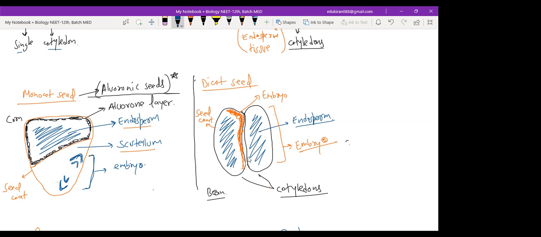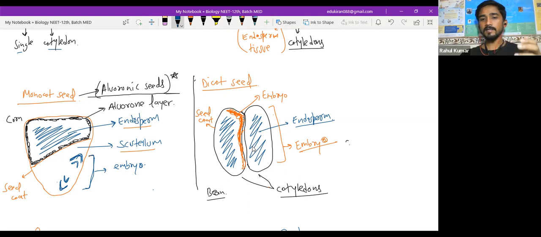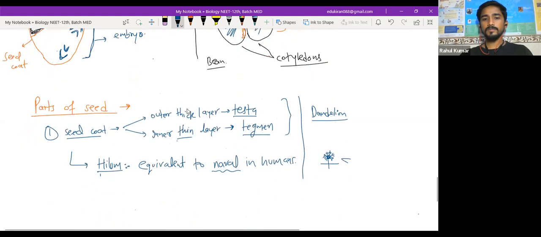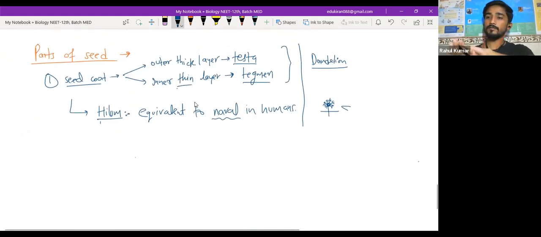So a lot of moisture and nutrition is trapped inside. If you allow everything to dehydrate, the embryo will die, the endosperm will die, and all the living things inside will die, like the case of a roasted chana. So everything inside is dead. So the seed coat prevents that loss of water from inside to out, and also prevents the entry of parasites from outside to in.